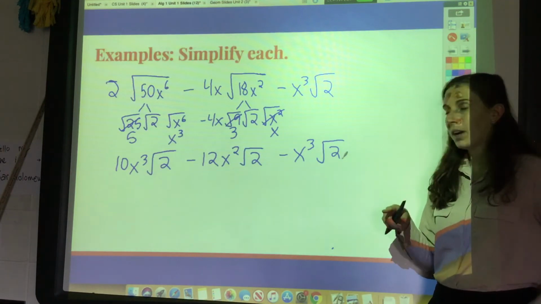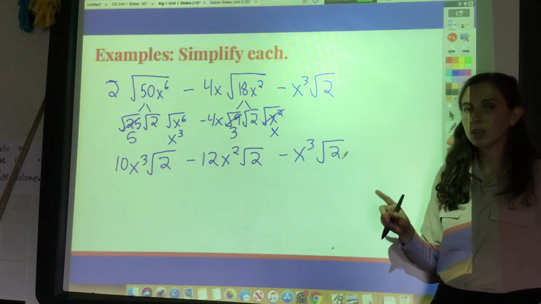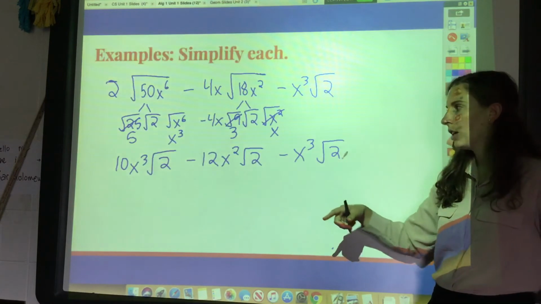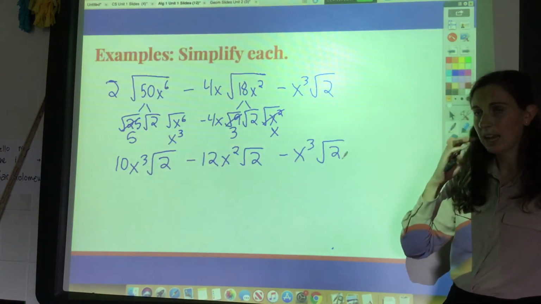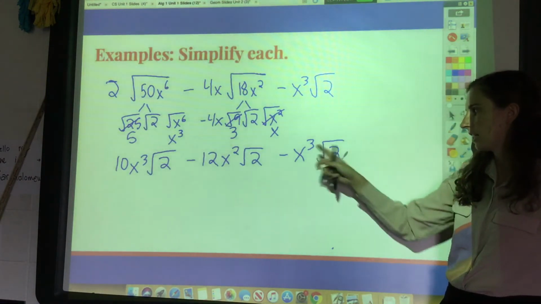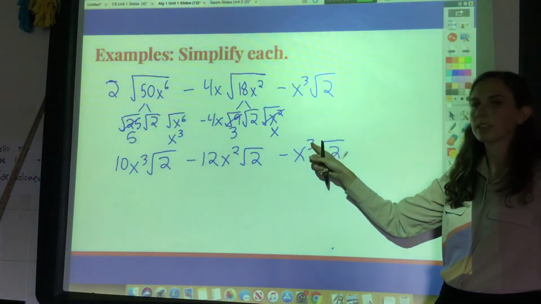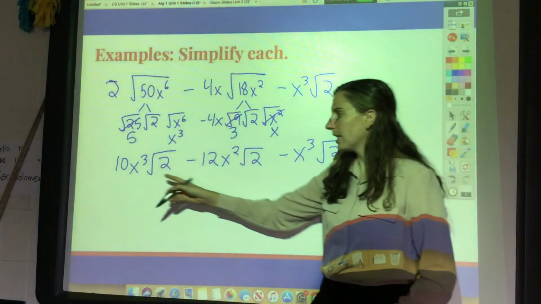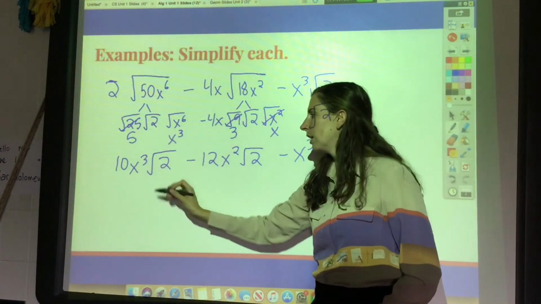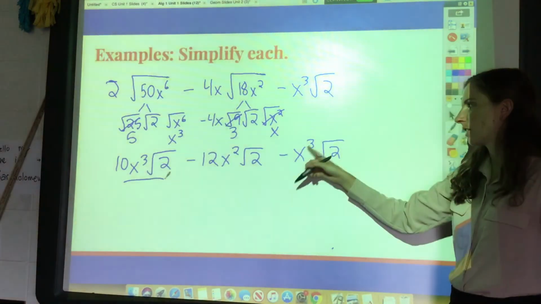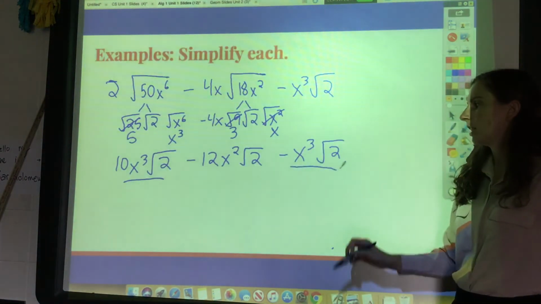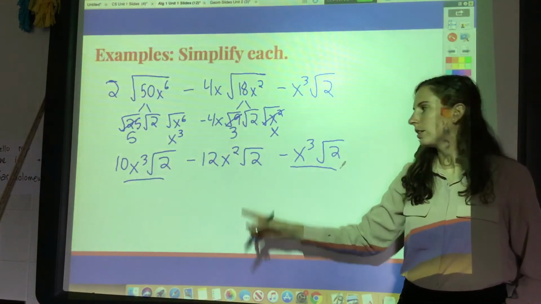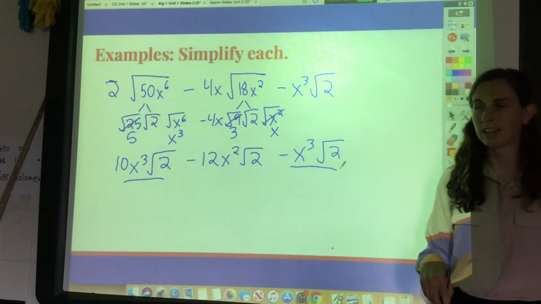But be careful, to be like terms, they have to be the same radical, but the same rules from the last unit still apply. They have to have the same variable with the same exponent. So this has x cubed root of 2, and this one has x cubed root of 2, but this one is x squared root of 2. It's not the same exponent, so they're not like terms.